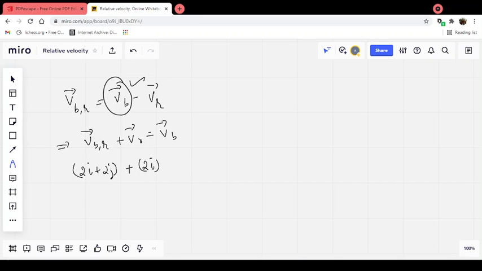So that means we can imagine a scenario in which the boat is trying to go at an angle of some 45 degrees with respect to the river. That is the velocity of boat with respect to river. But the river itself is taking the boat in the x-axis direction with some velocity of its own.